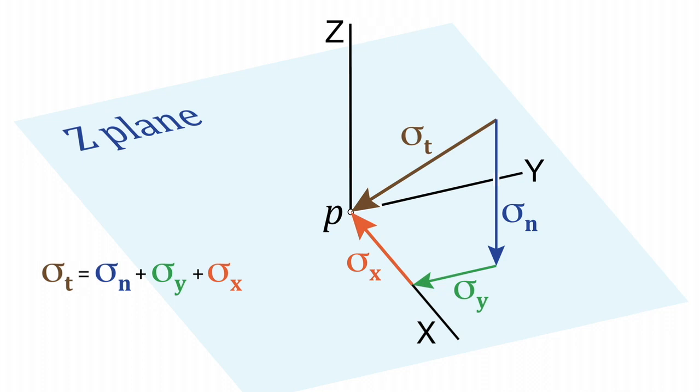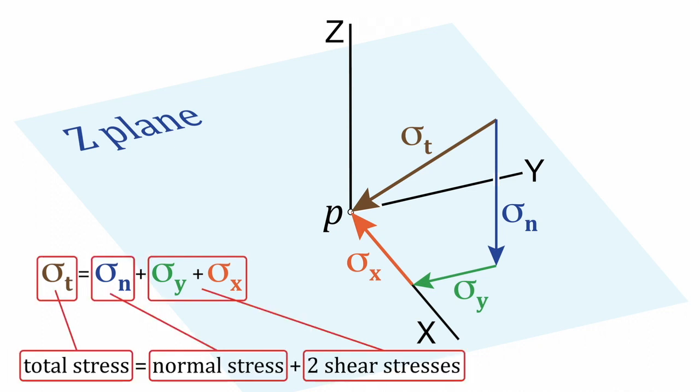So sigma t is equal to sigma n, the normal stress, plus sigma y and sigma x. Sigma y and sigma x are acting along the plane. So we say the total stress is equal to one normal stress and two shear stresses.